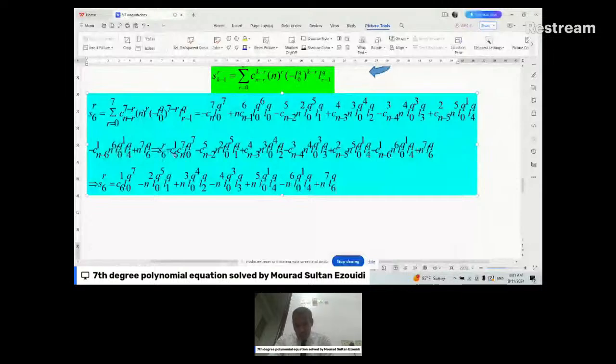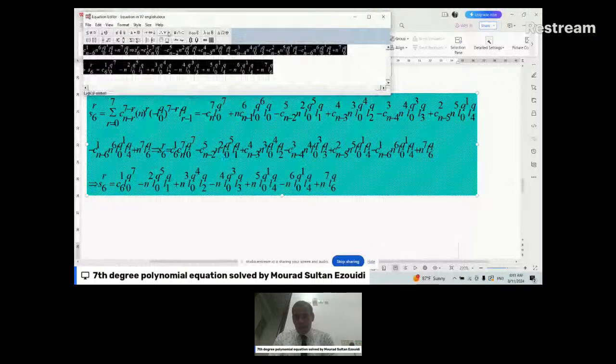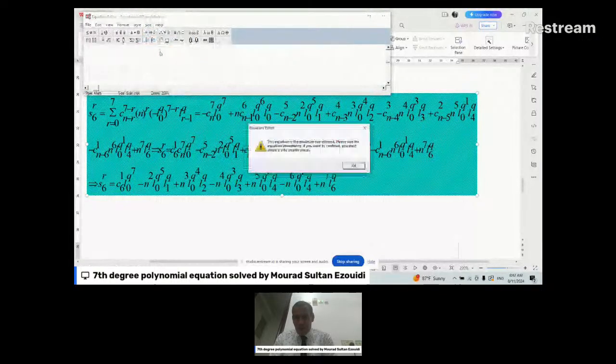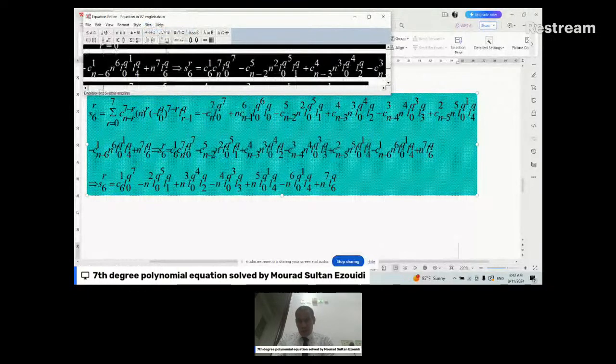Here it's not clear. You see this one? I want to change the handwriting here. Control A, I will make it bigger or smaller. I will see the size. Symbol, now size full. Okay, I want it like that.